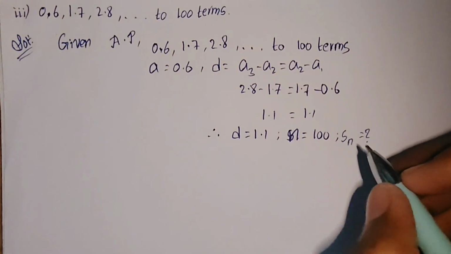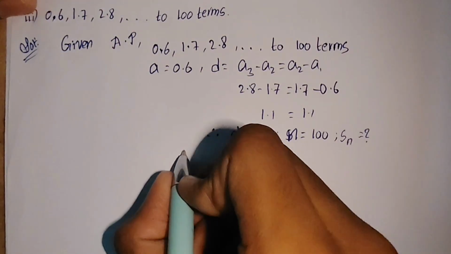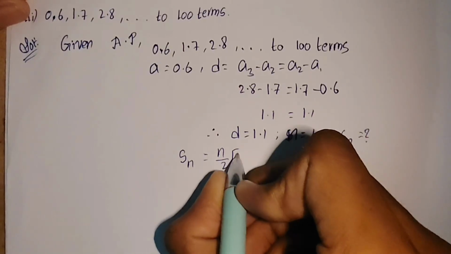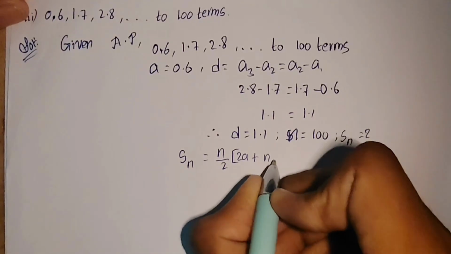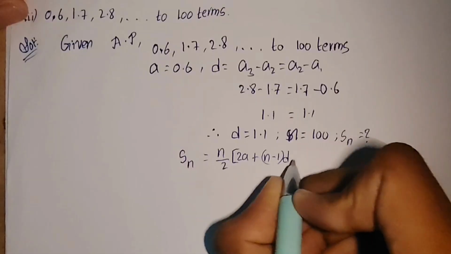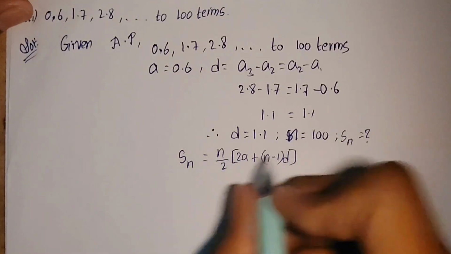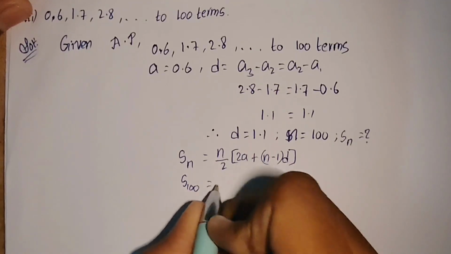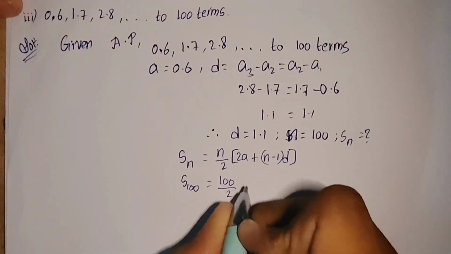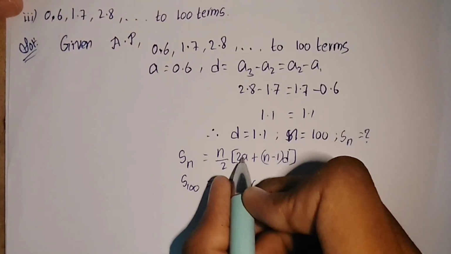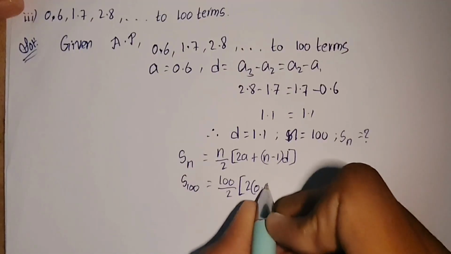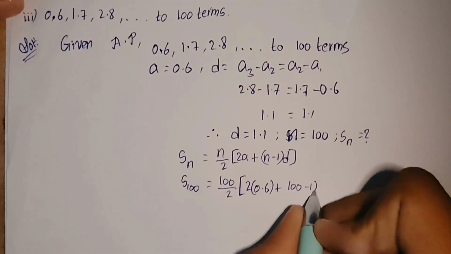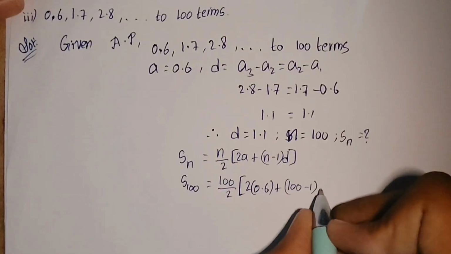Now we know the formula of S base N, that is N by 2 into 2A plus N minus 1 into D. So S base N means S base 100 equals to 100 by 2 into 2 into A is 0.6 plus N is 100 minus 1 into D is 1.1.